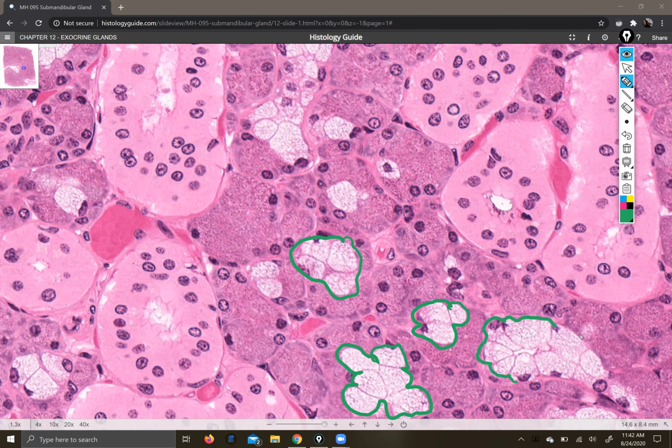It also just so happens that mucus does not like to pick up stain very much, especially not hematoxylin and eosin, which this is. So that's what these light cell clumps are. So these are all mucus acini. And sometimes you even get a solitary mucus cell like this little guy. Not super often. So here's another one.